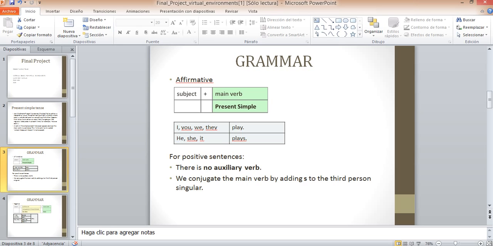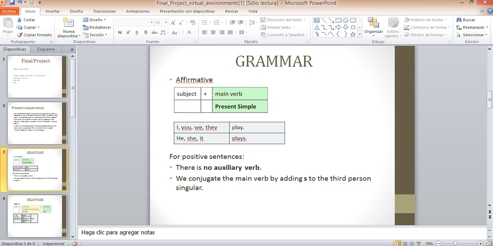And here we see the main verb play, and here we can see the third person pronouns like he, she, it, and we see here the main verb, and this has a variation because in third person we should add an s.